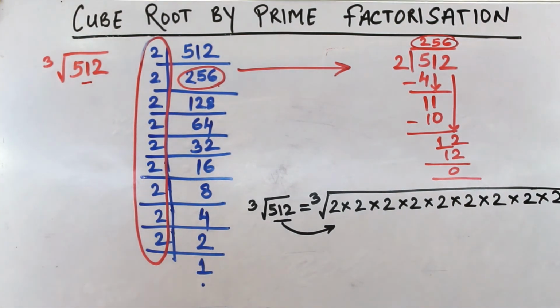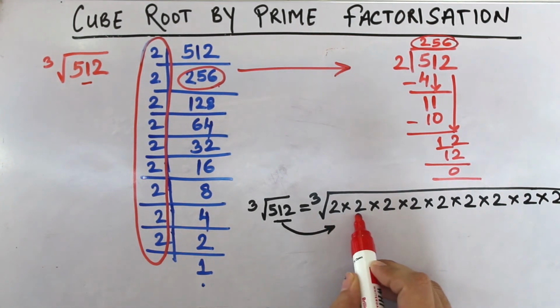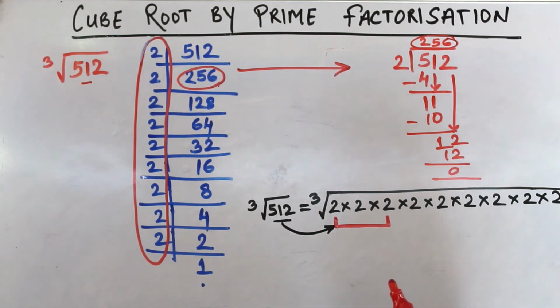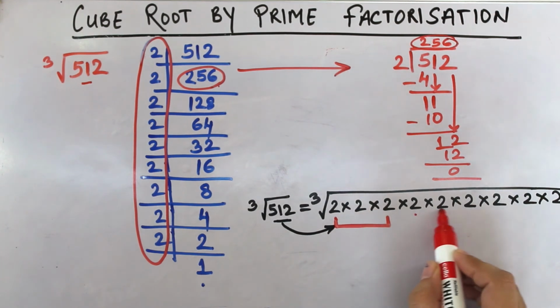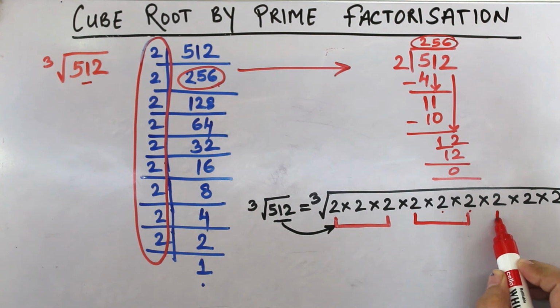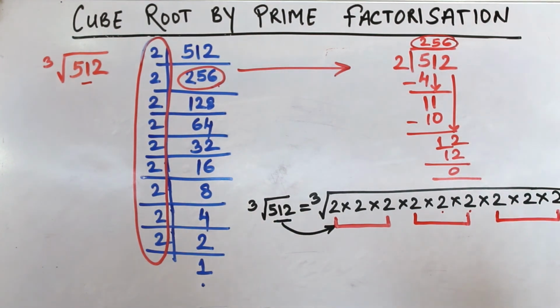Now our next step was to make groups of 3 numbers. So 1, 2, 3. These 3 similar numbers I'm making a group of. Now 1, 2, 3. This will be my second group and this will be my third group.